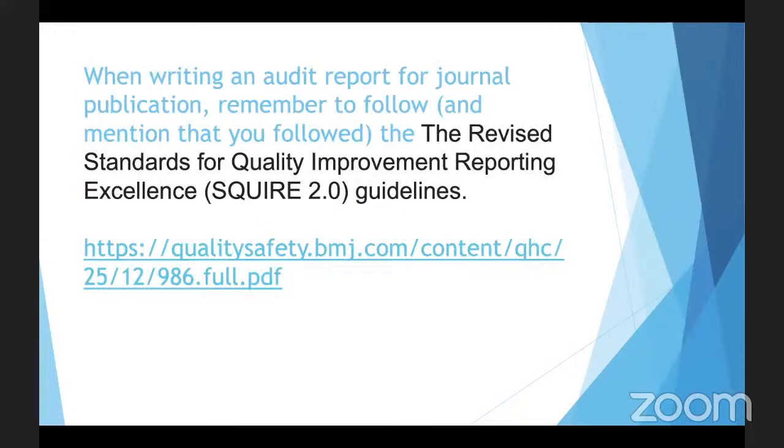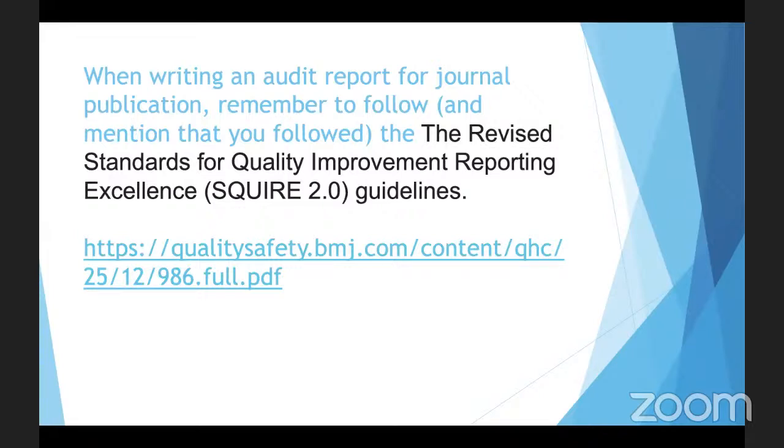Okay, अब कुछ guidelines हैं for reporting audits और इनको कहा जाता है the revised standards for quality improvement reporting excellence, Squire 2 guidelines. अब मैंने जितनी इस गाइडलाइंस में चीजें आपने मेंशन करनी चाहिए अपने ऑडिट में जो मैंडेटरी हैं वो मैंने अपने प्रीवियस स्लाइड से मेंशन कर दी हैं.